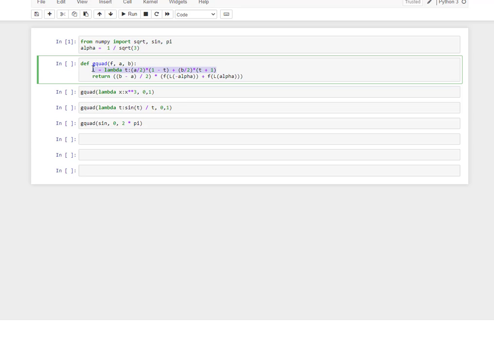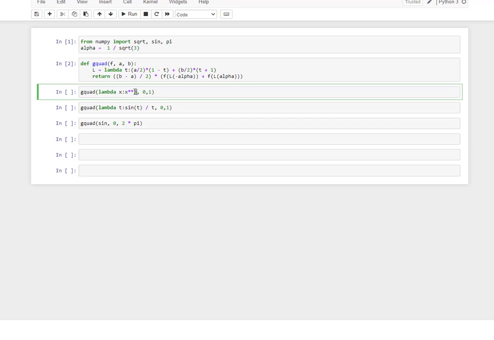I put this in as a change of variables, and then I return the answer. I'm just doing evaluation on these polynomials as one does in Gaussian quadrature.